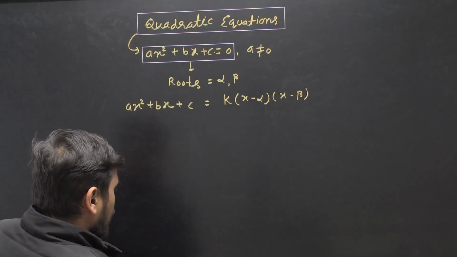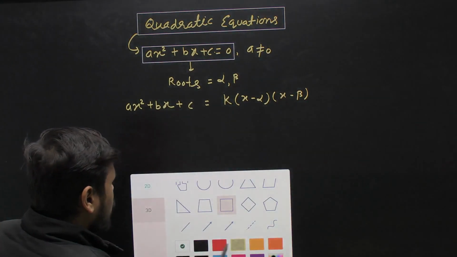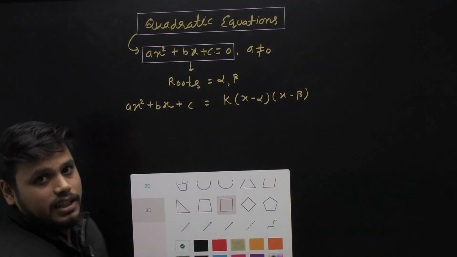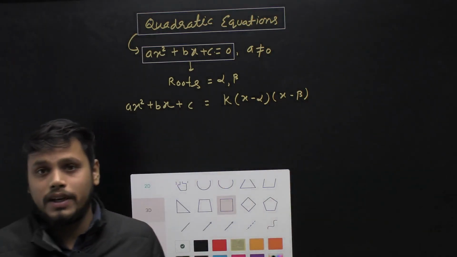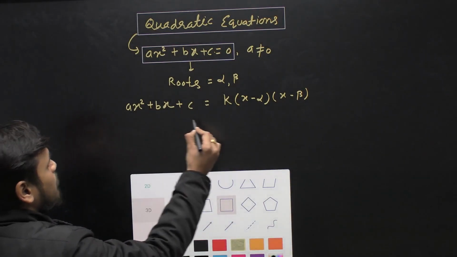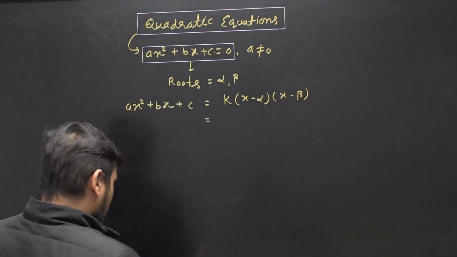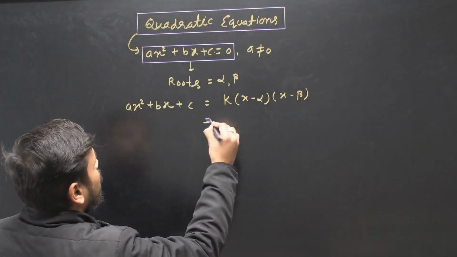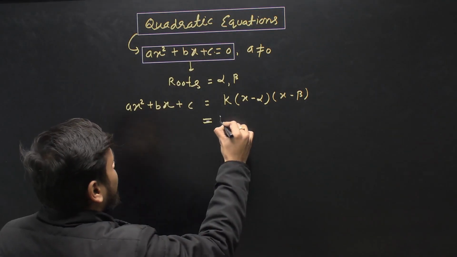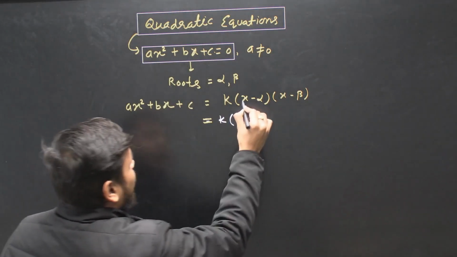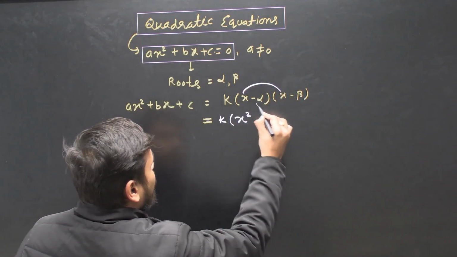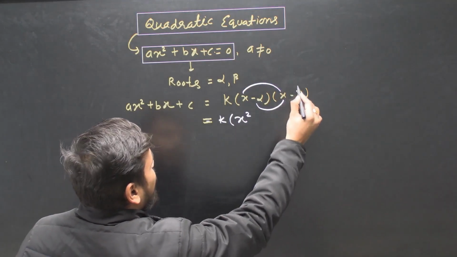Okay, so now we are comparing coefficients because it's an identity. Actually it is true for all values of x, so we can compare coefficients. Here it is written ax square plus bx plus c, simplifying this side, here it is k times x into x will result in x square, then minus alpha x and minus beta x.